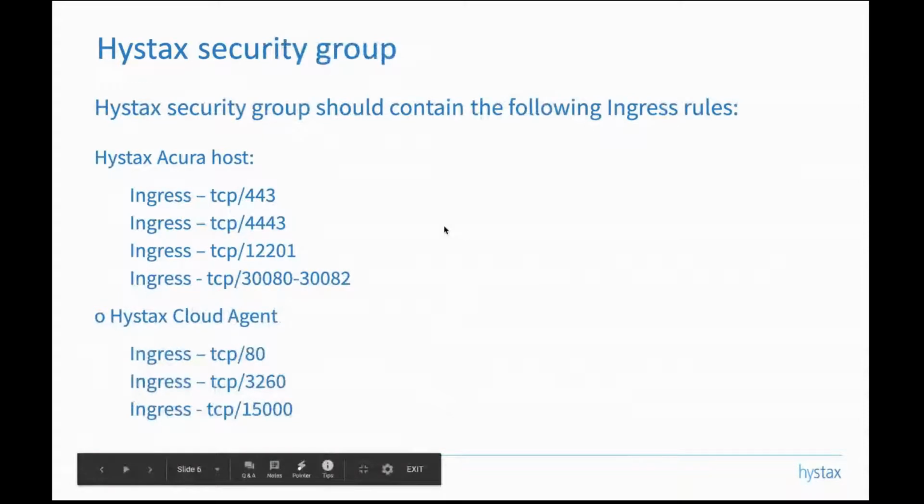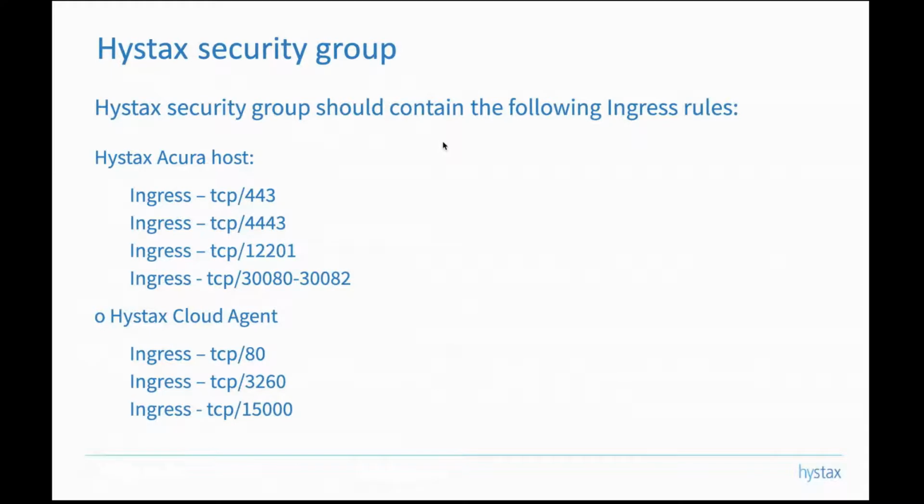Here is a set of ports that are used by Acra, and that's why they are required from the firewall and security point of view. Acra uses port 443 to work with a client. I mean that, for example, the web UI that is used by the customer is also available on port 443.